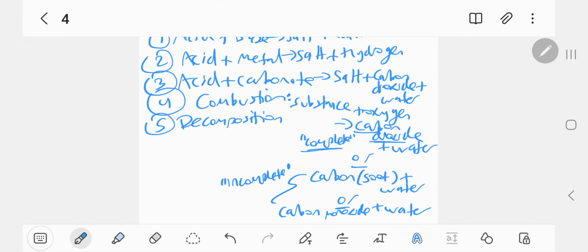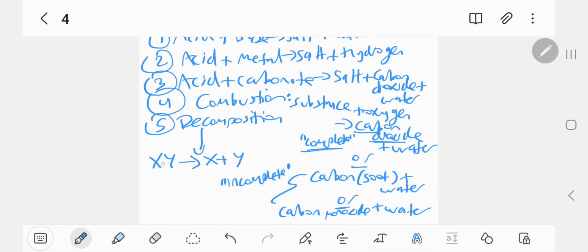Incomplete combustion is more dangerous than complete combustion. It's more harmful to the environment and to the human respiratory system. They can pollute the atmosphere and so on. Decomposition involves a substance, let's call it XY, decaying into its constituents, X and Y. And it's a result of the conservation of mass, which means that whatever you start with at the beginning, you have to have at the end.